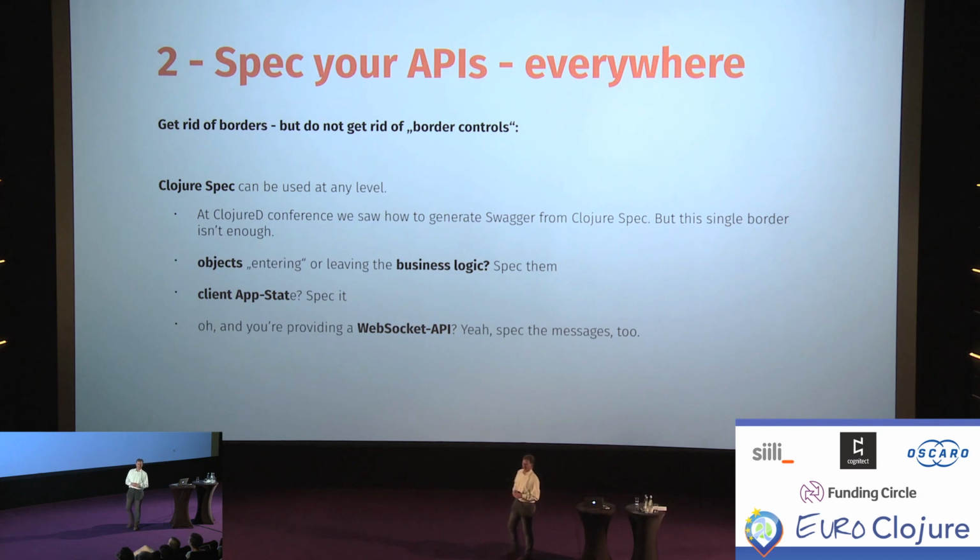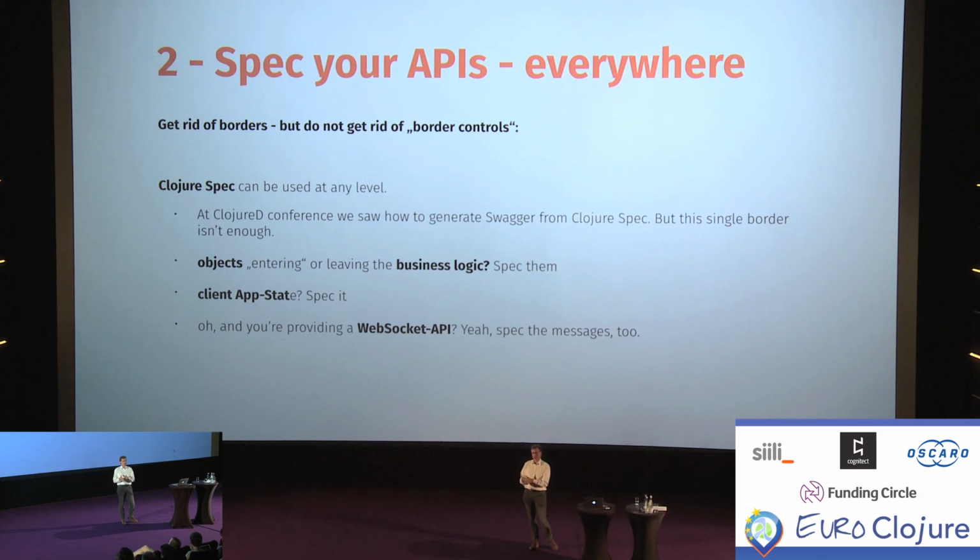However, I'm not the only one at the conference saying Spec is a great thing. On the last Clojure D in March or something here in Berlin, we even had a talk from an English guy who said they are generating Swagger definitions from Clojure Spec. And what I'm trying to stress here is we don't need to spec what we had as a border before.